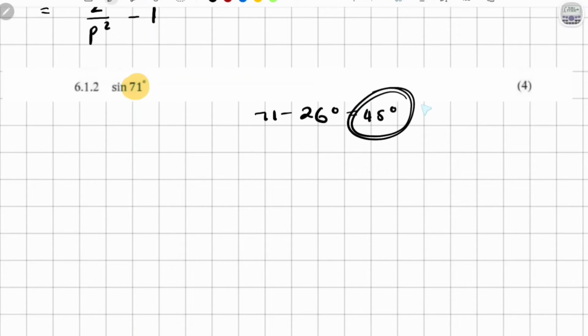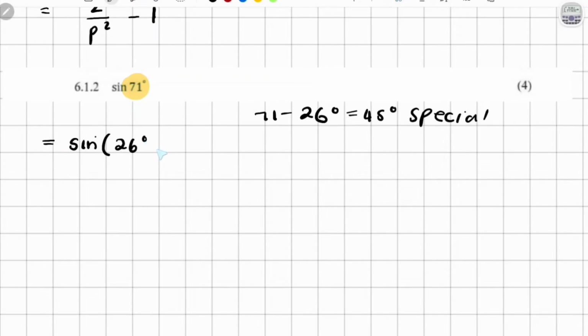Does that look familiar? That is a special angle. So clearly we need to break 71 degrees into this. So we're saying sine of, and we're going to break it into 26 degrees plus 45 degrees. That's what gives us 71 degrees, because 45 degrees is a special angle.